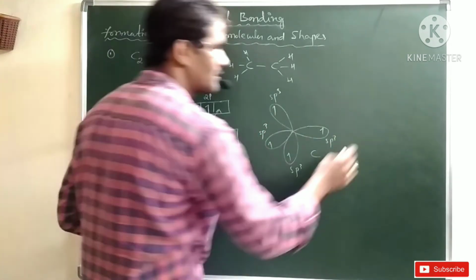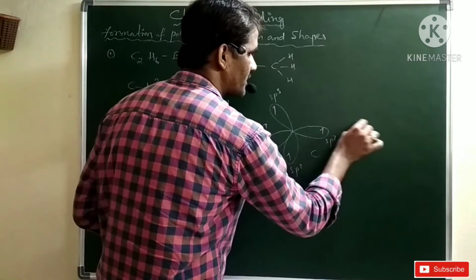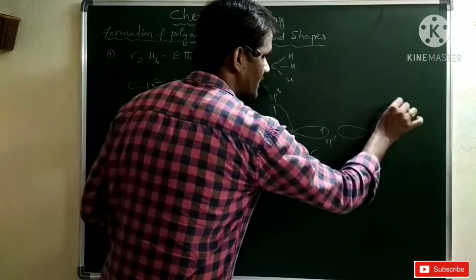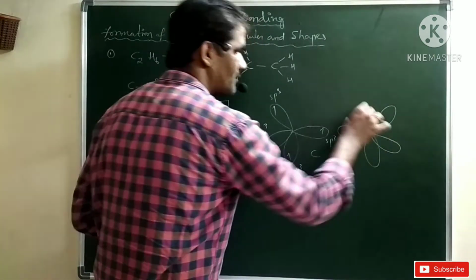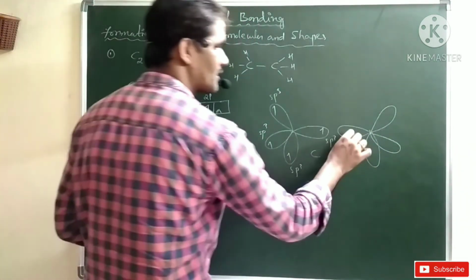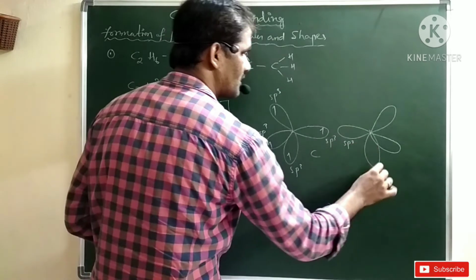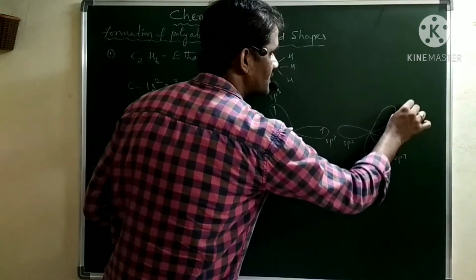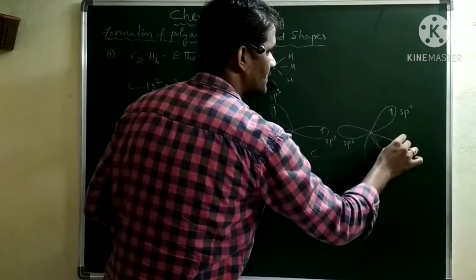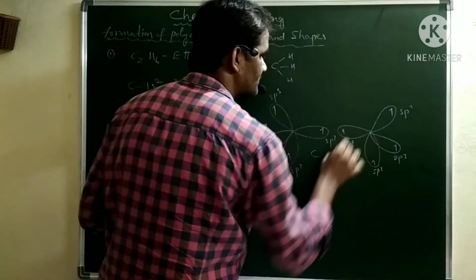Next, another carbon also undergoes sp3 hybridization and carries 4 sp3 hybrid orbitals. Again this is sp3, and this is also sp3, and they each have 1 electron.